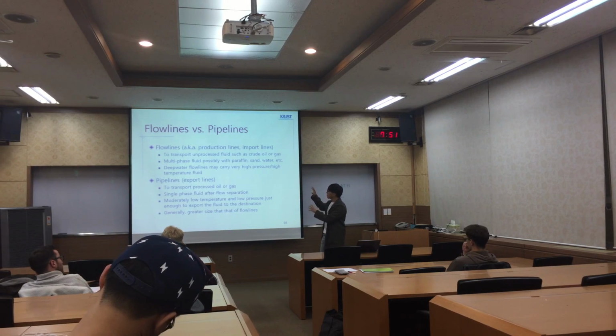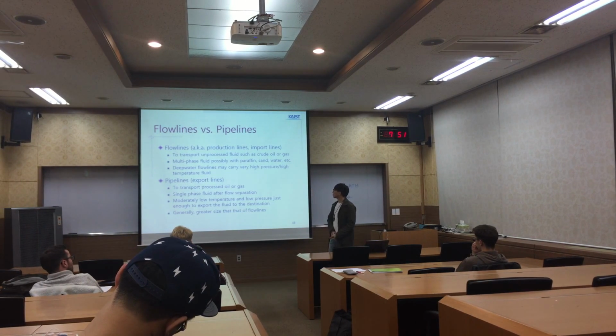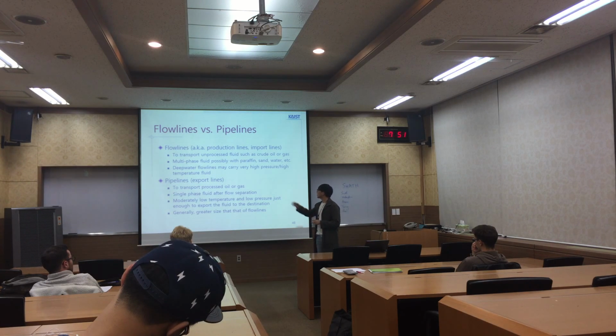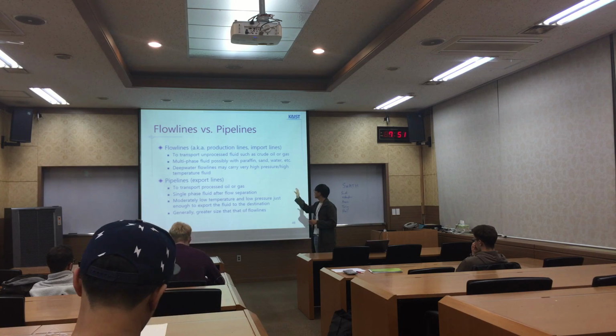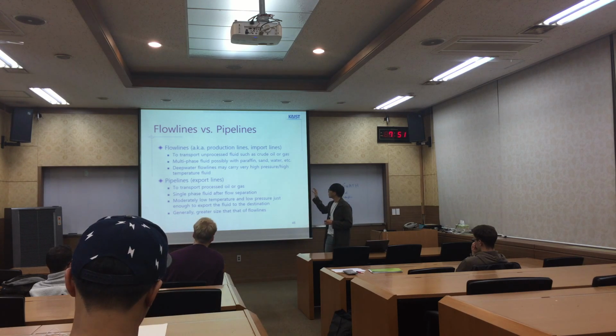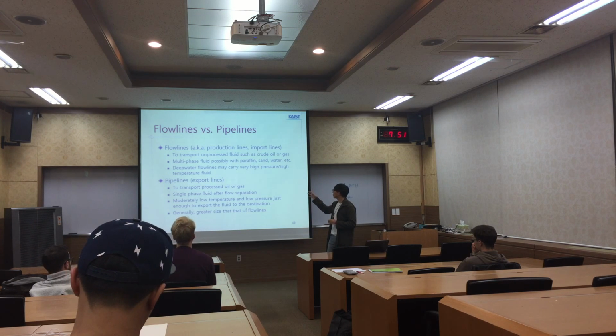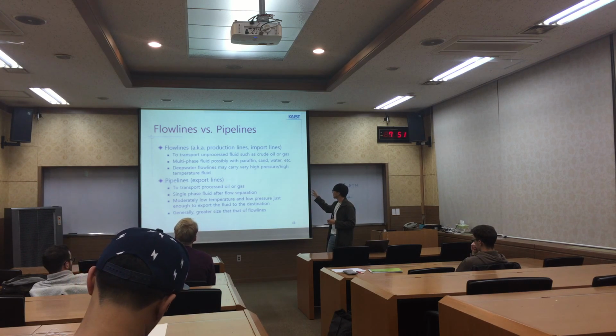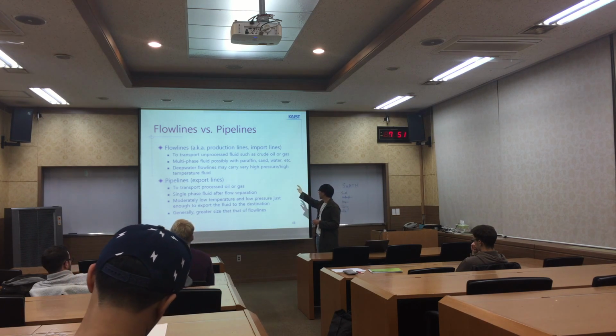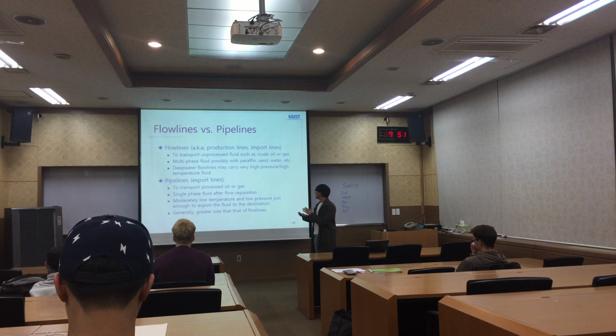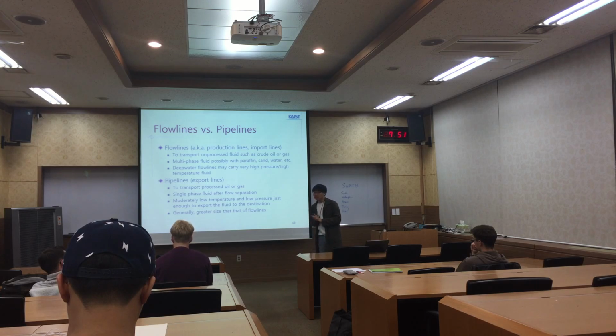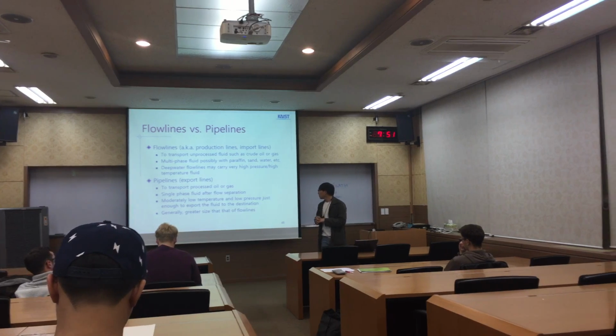There are some differences between them. Flow lines are usually used to transport unprocessed fluid or multi-phase fluid. Deep water flow lines have merits, like they can transport very high pressure or high temperature fluid.